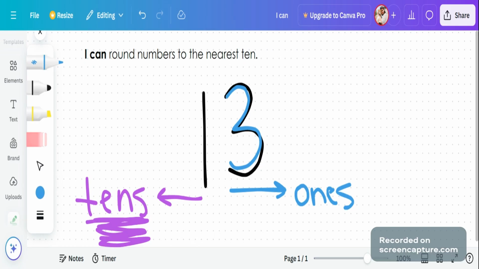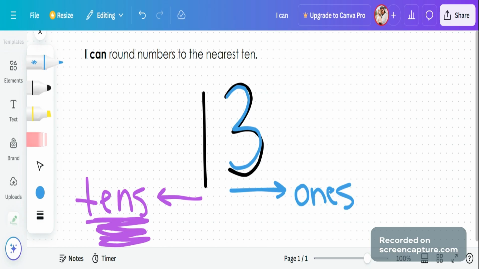If I have, say, a 6 in my ones place, say the number was 16 instead, I would have to raise the number in the tens place, which is 1, up to a 2. But is 3 equal to 5, or is it more than 5? No. So that means that we're actually rounding down.